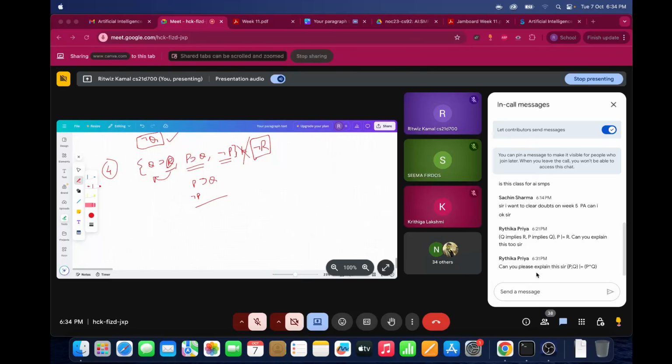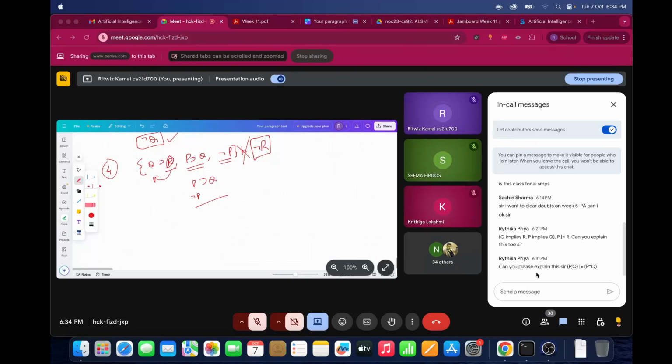No, right? Exactly. So when we are given P implies Q and not P, we cannot definitively say that not Q is also true.